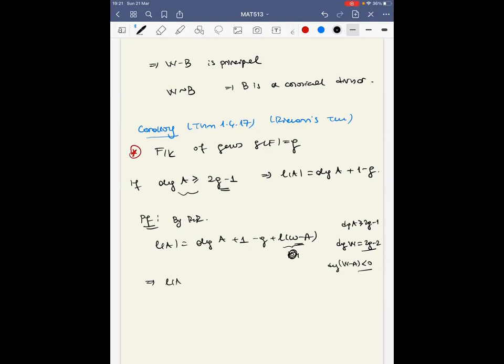And this allows us to compute the dimension of the divisor exactly.